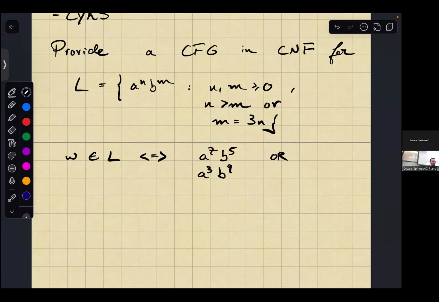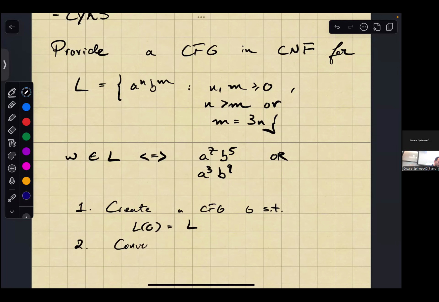But that's not a big deal, because what we can do is create a context-free grammar G such that L of G is equal to L. And then we can just convert G to CNF using our nice conversion algorithm, right?